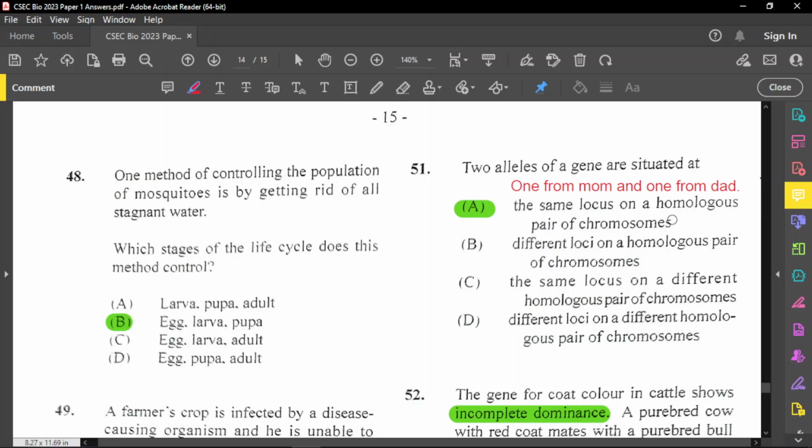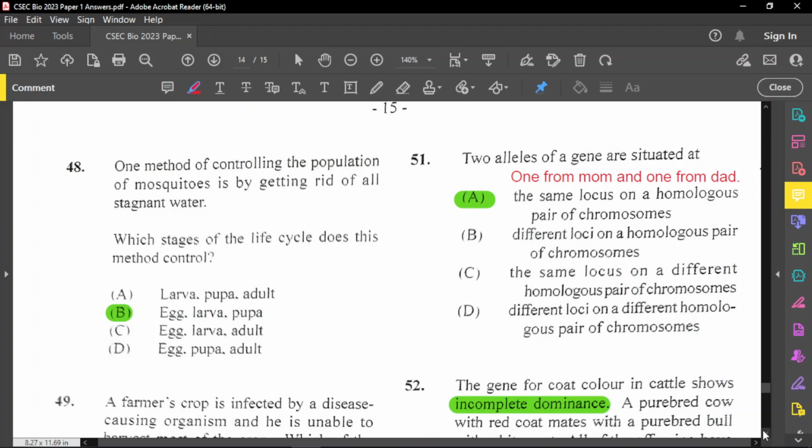And on the same position that we call locus, you'll have an allele responsible for the same trait or same characteristic. One could be dominant, one could be recessive, but they are on the same locus and only on homologous chromosomes. Once you see different homologous pairs, definitely it is out of the picture. No, they have to be on the same homologous pair of chromosomes. However, one is from mom, one is from dad.